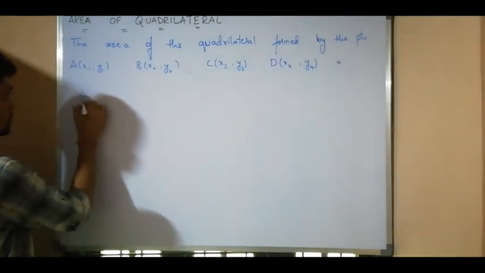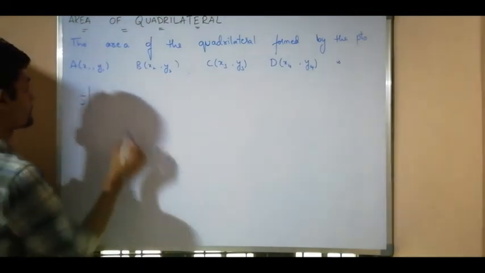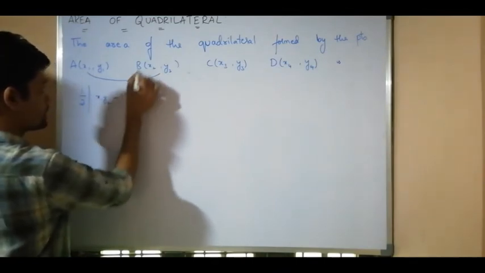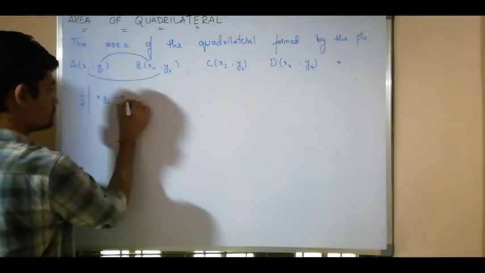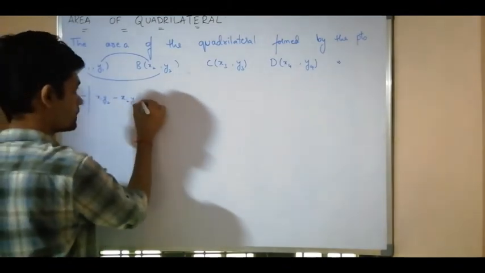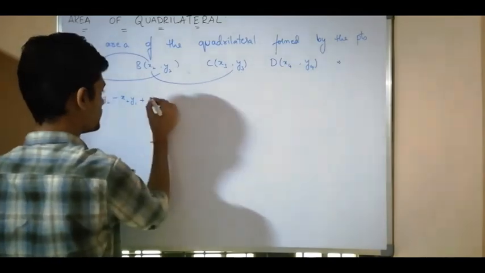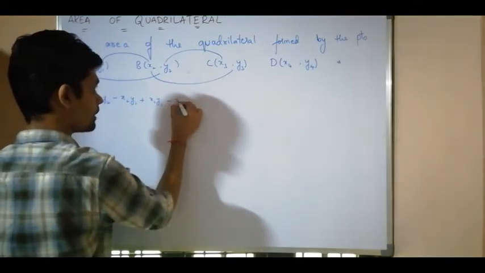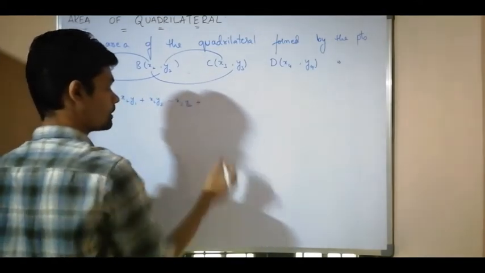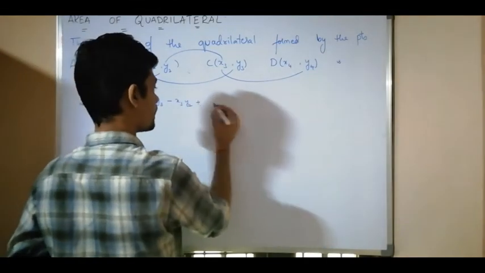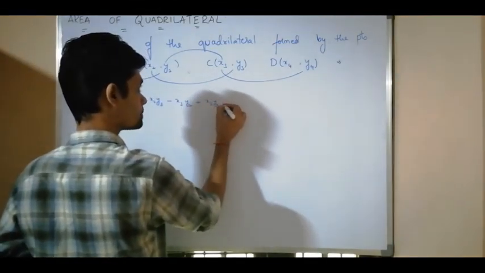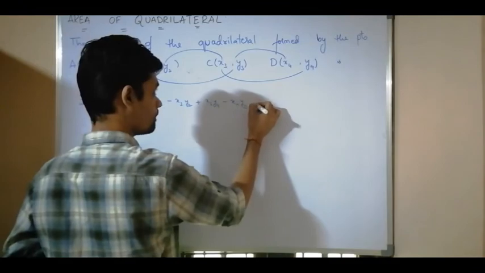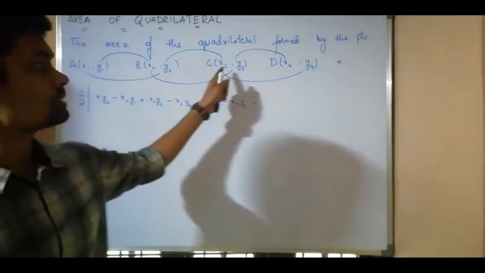It is half modulus of x1 into y2 minus x2 into y1, plus x2 into y3 minus x3 into y2, plus x3 into y4 minus x4 into y3, plus, AB, BC, CD completed.